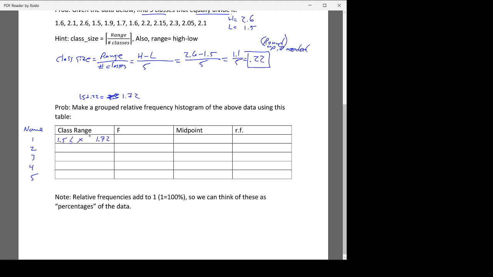The next one would be 1.72 to, add 0.22 to that, 1.94, and 1.94 to 2.16, then 2.16 to 2.38, and 2.38 to 2.6. Now you can see here I put a less than or equal to on the last one.